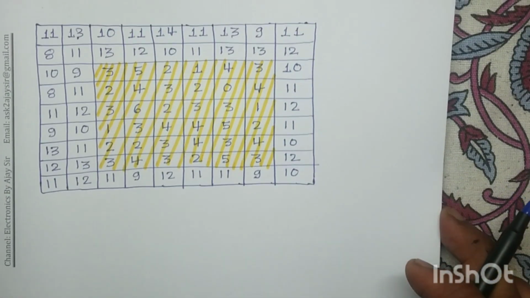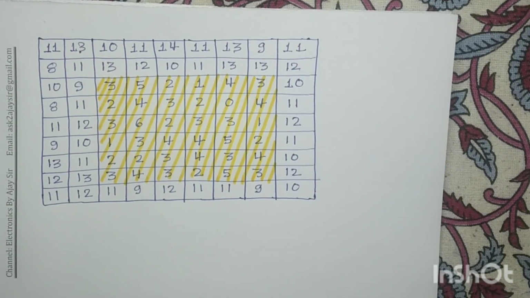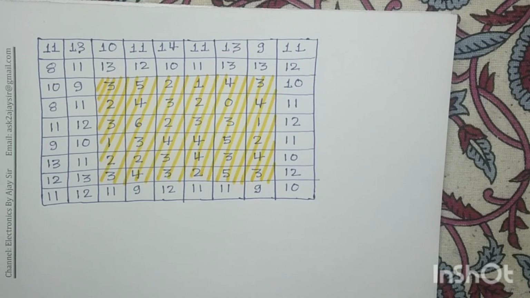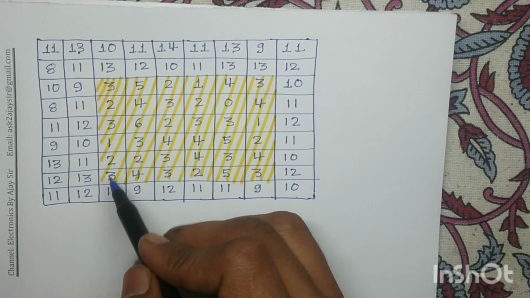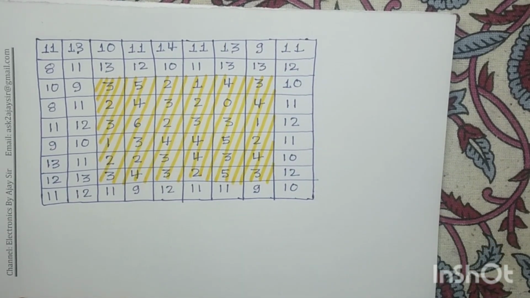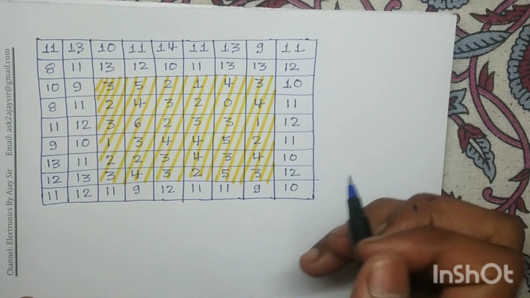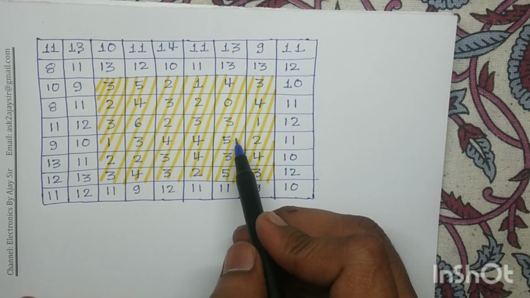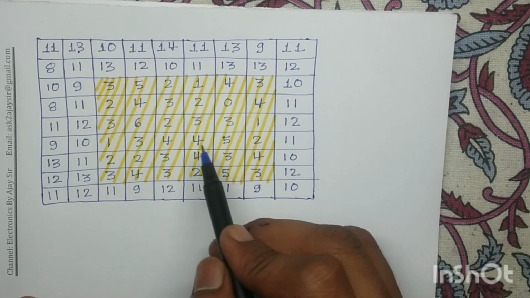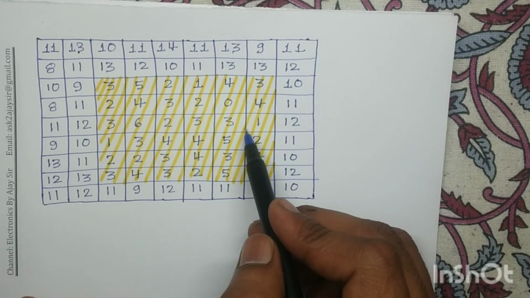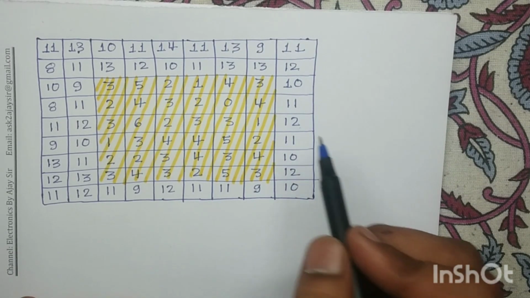So this is our input image. The object pixels are highlighted by this yellow color, and in the given question it is mentioned that the object is the darker object. In this input image the object is darker whereas the background is brighter.